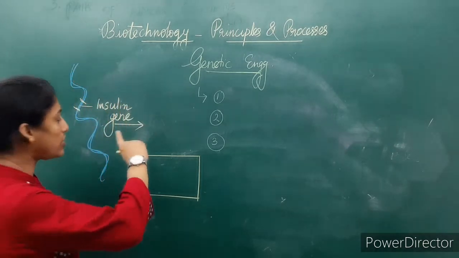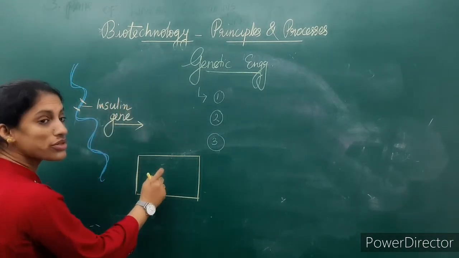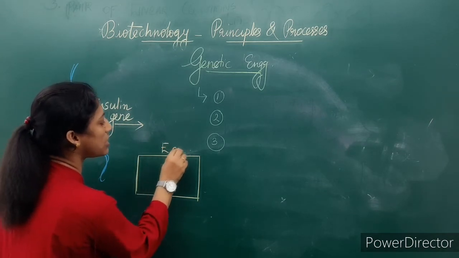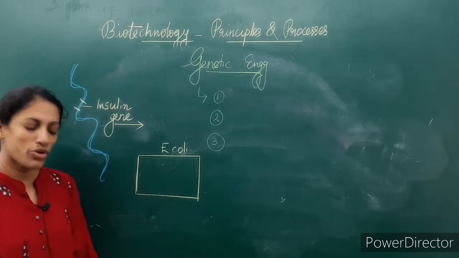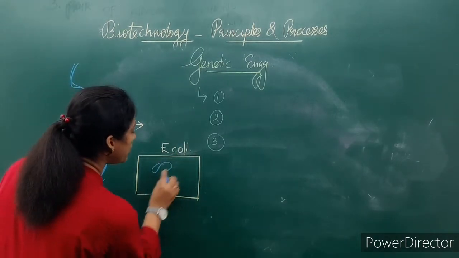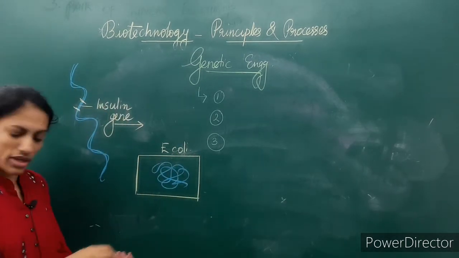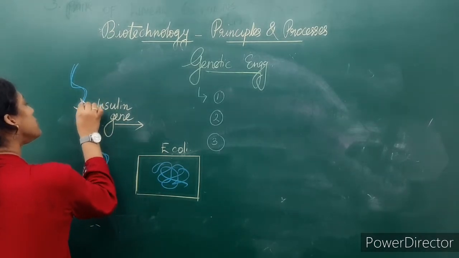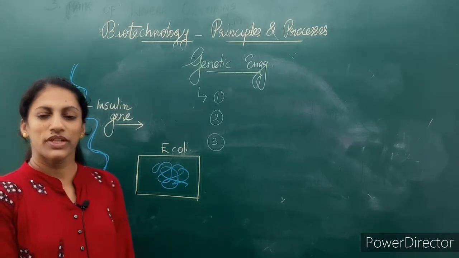Suppose this is the Escherichia coli bacterium. The bacterium has its own genome. Suppose this is our insulin gene.